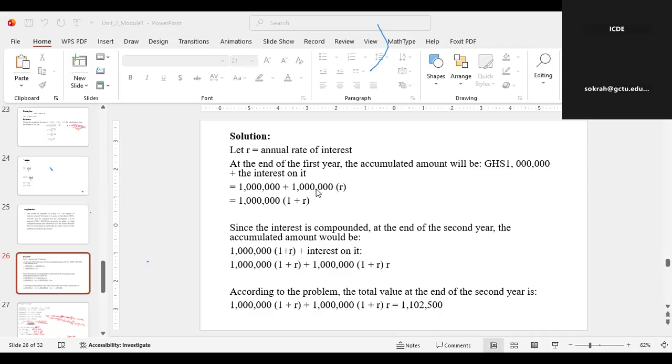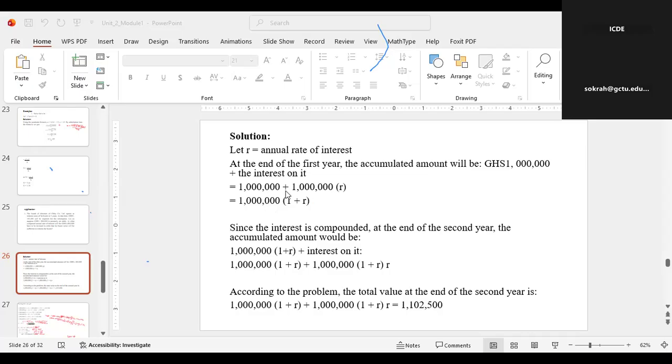But we are supposed to add this 1 million R to the principal, which is also 1 million. So this is where the quadratics is coming in. You see that you have 1 million here, 1 million here, and so 1 million is common. So you can factorize 1 million out. That is the factorization I have done here.